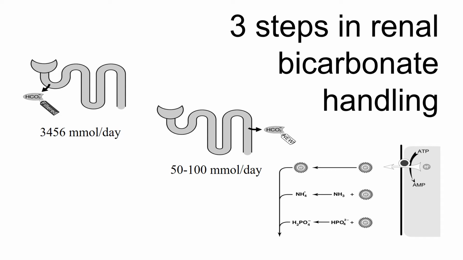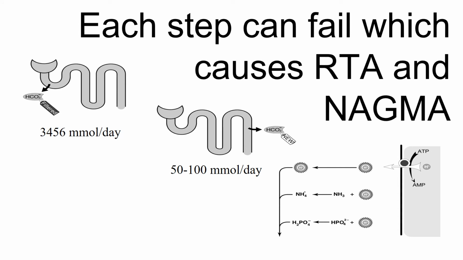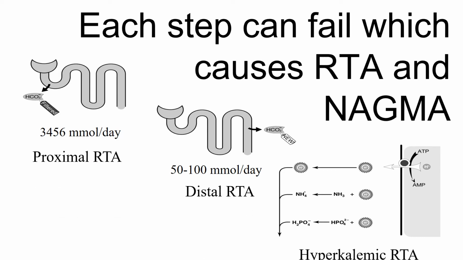The three steps of renal bicarbonate handling are critical in maintaining a normal bicarbonate concentration. Each step can fail and can cause RTA. When the proximal tubule fails to reabsorb all the bicarbonate, it'll cause proximal RTA.